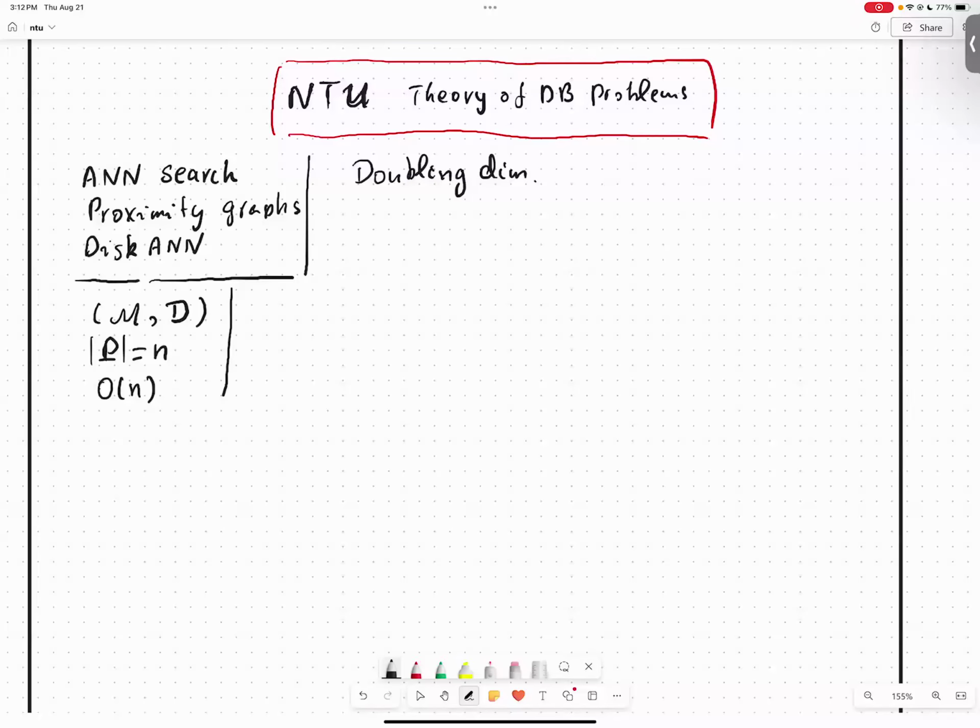If we are able to use this doubling dimension to somehow capture the hardness of the metric space, then we see one possible way to argue that methods like proximity graphs are probably provably efficient on certain types of data in practice. Okay. Indeed, this is the path we're going to take. Actually, this is the path that the theory community has taken in order to attempt to explain the phenomenon. Okay.